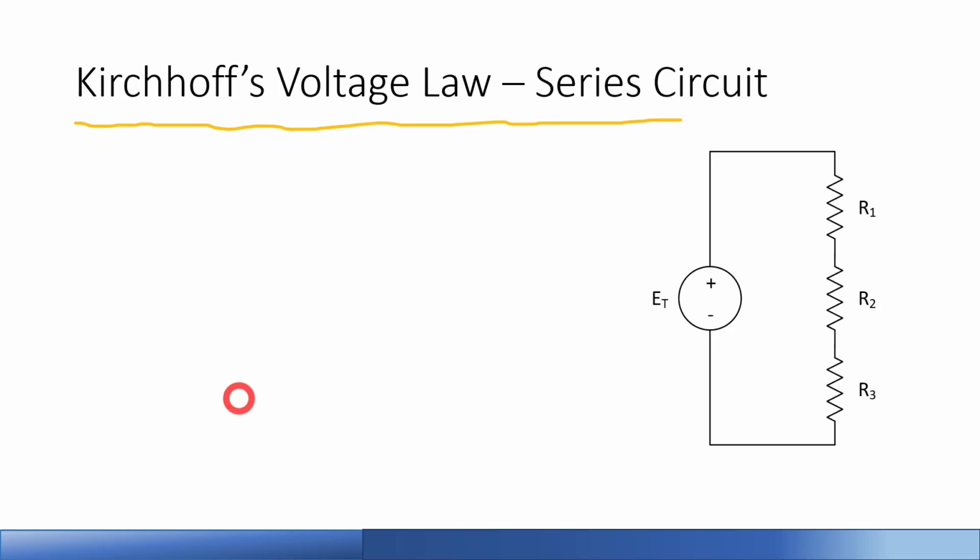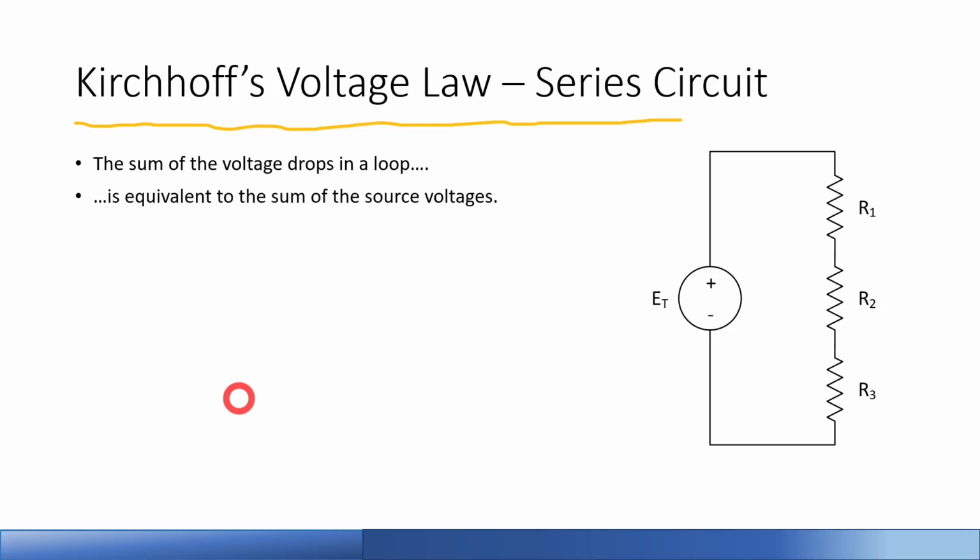So how do these voltage drops add up? Well, the sum of the voltage drops in this series loop, sometimes we call a series circuit a loop, is equal to the sum of all of the voltage sources. In this case, I only have one voltage source.